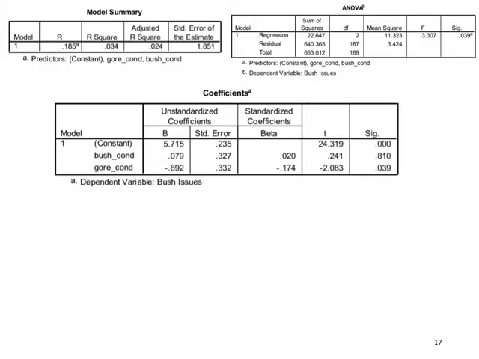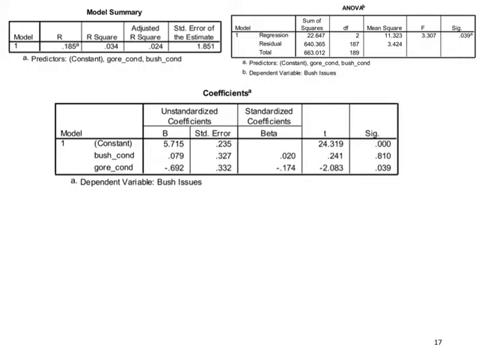Should be 5.715. Huh? 5.72, so it rounds to that. So when these two are equal to 0, then the condition that's being represented would be the control condition, and the predicted value for the control condition would be 5.712.